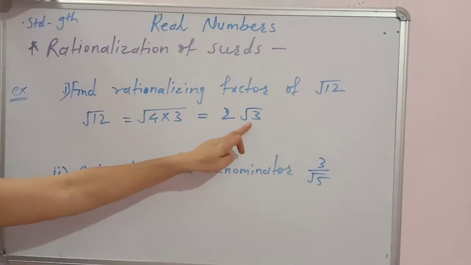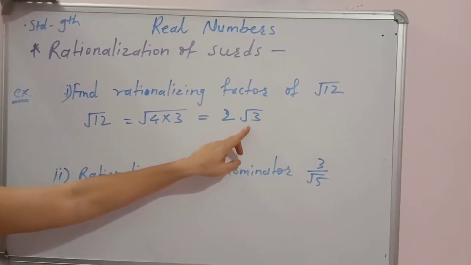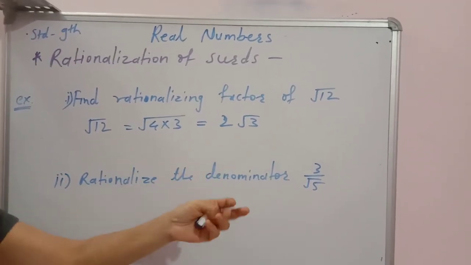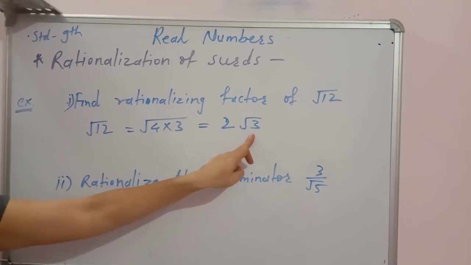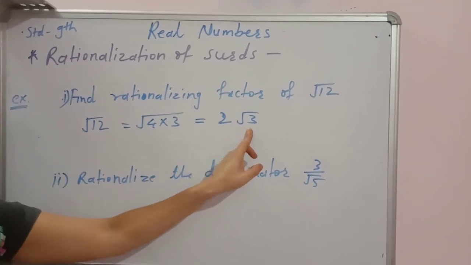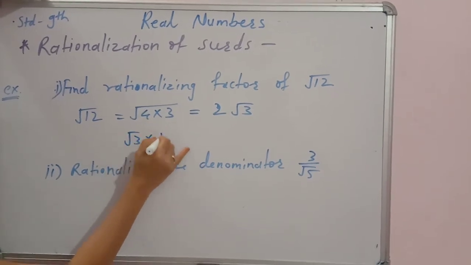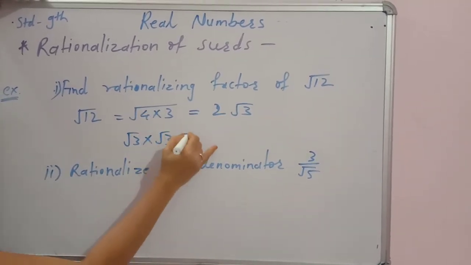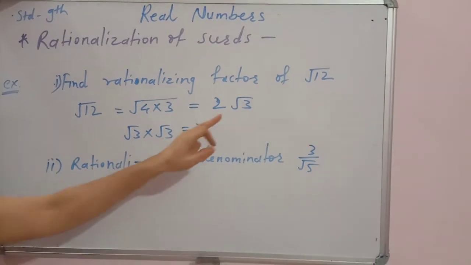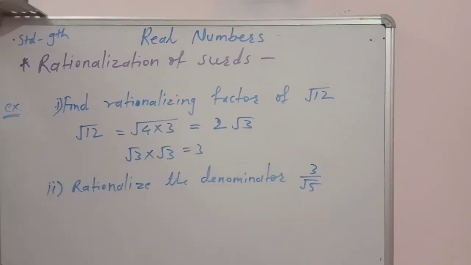Now here it is root 3. By which number do we have to multiply root 3 so that the product will be a rational number? When you multiply root 3 by root 3, you will get 3. And therefore you can say that root 3 is a rationalizing factor of this.